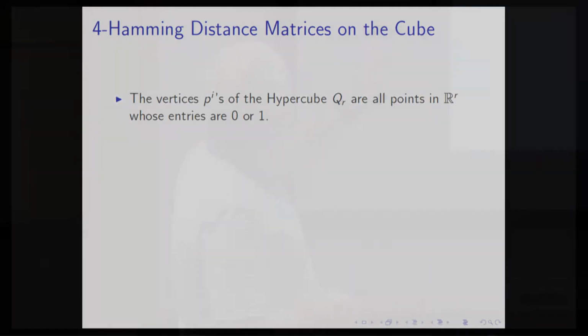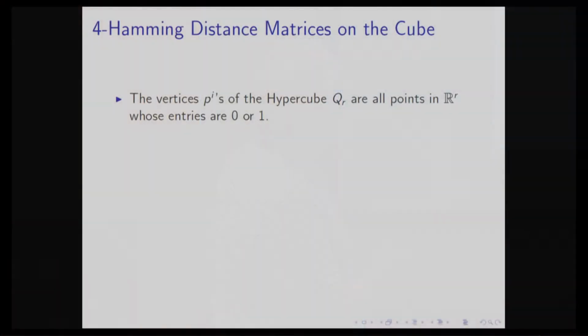Okay, this example of Hamming distance matrices on the hypercube is pretty easy to guess that these are spherical EDMs. The hypercube is the convex hull of all points which are 0, 1. So in dimension R, you have a vector of R components, and the components are either 0 or 1, and you take the distance as the Hamming distance.